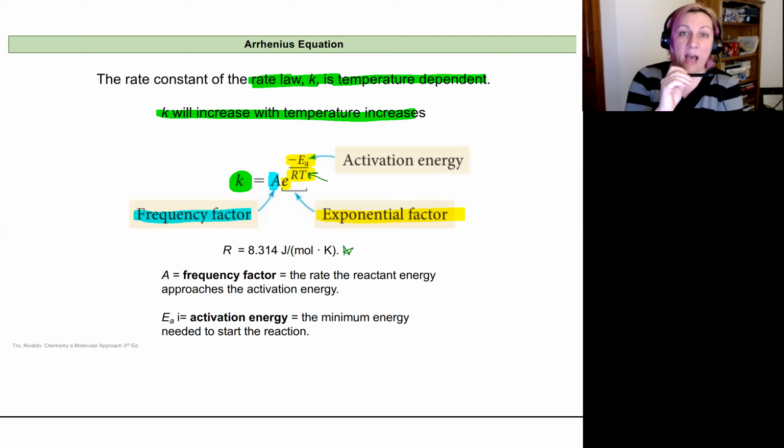So it's like, how often do two colliding molecules approach the activation energy, have enough kinetic energy to overcome it? And again, the activation energy is really that minimum amount of energy that's needed to break and form the bonds to achieve a transition state where the bonds are partially broken and partially formed.